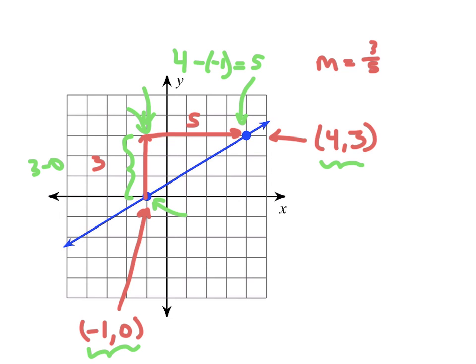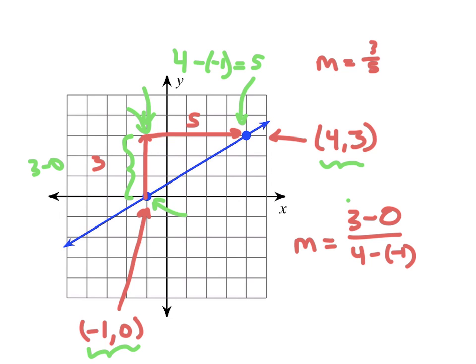In fact, we could write out the calculation for the slope m like this. To get the rise, we did 3 minus 0, and to get the run, we did 4 minus negative 1.